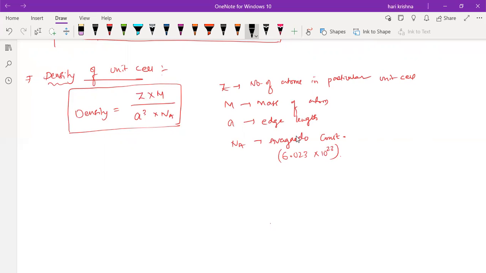Where Z is the effective number of atoms present in the given solid, M is the mass of the solid, a is the edge length of the given unit cell, and NA is Avogadro's constant. But again, do you know the relationship between a and r?